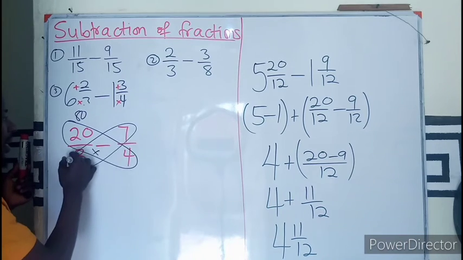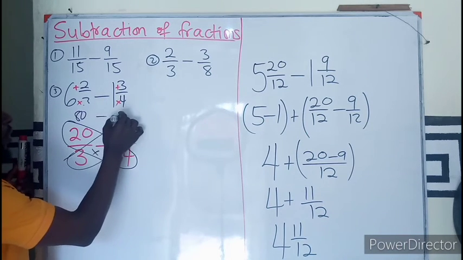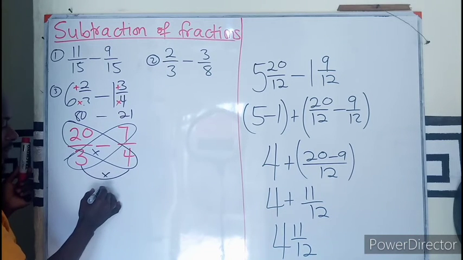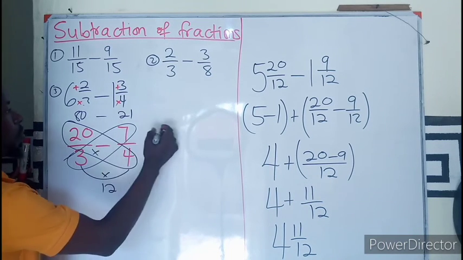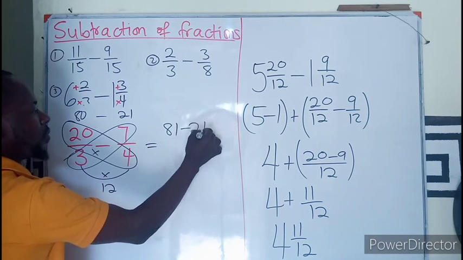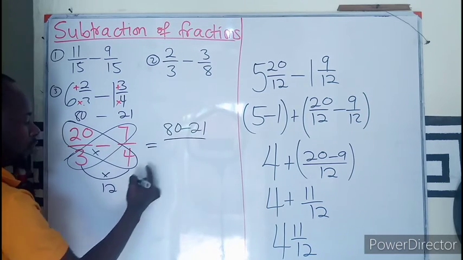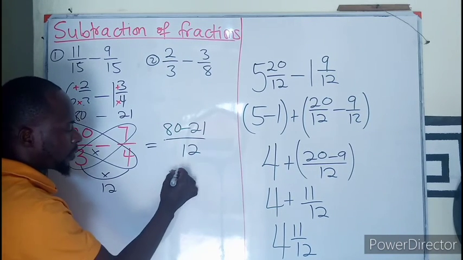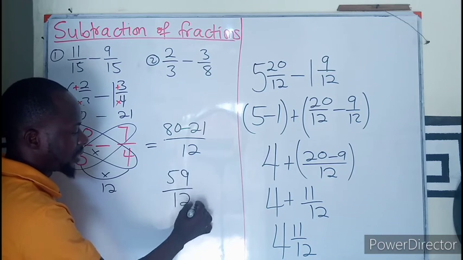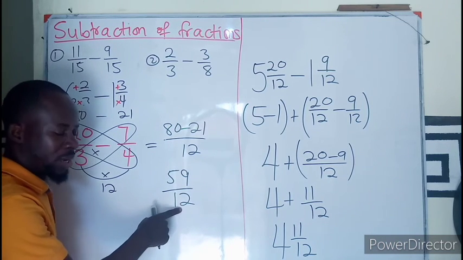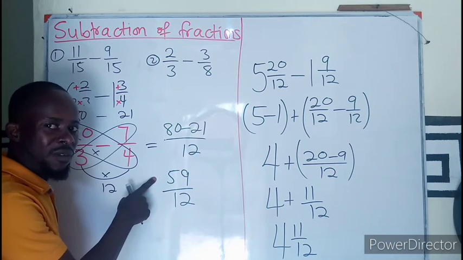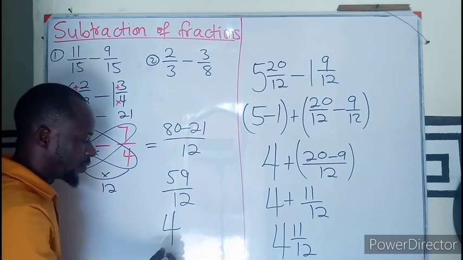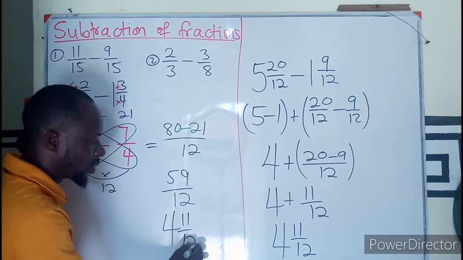If I multiply, it gives me 21. So we are going to subtract. Then this will be multiplied to give us 12. So 80 minus 21 divided by 12. And I believe this will give us 59 over 12. How many of the 12 can we get there? We can get 4 of them, 48. So 4. 48 minus this will give us 11 out of 12.